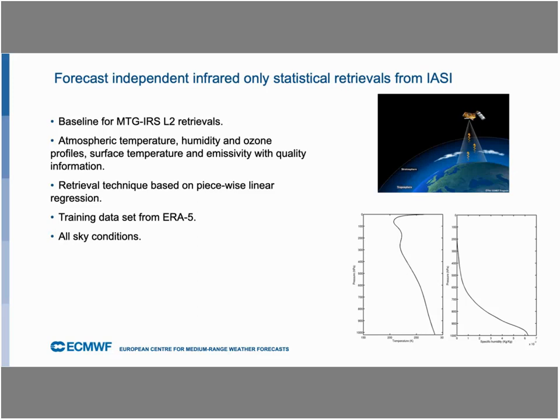And our focus has been on temperature and humidity, and we have made use of the quality information available as well. The retrieval technique is based on piecewise linear regression, and the statistical training set has been taken from the ECMWF reanalysis ERA5. And the retrievals are available in all sky conditions, so cloud free and cloud affected.